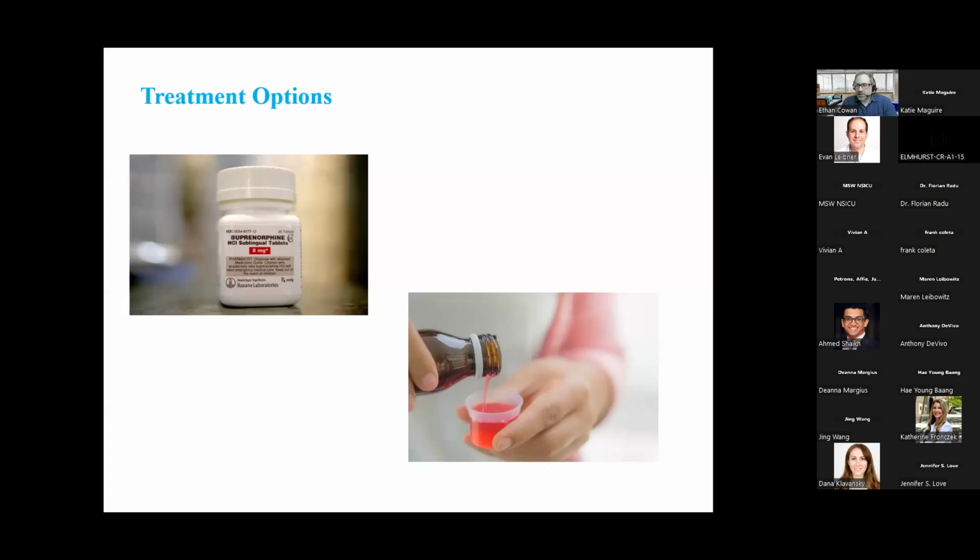The one thing that I did want to mention before I talked about these treatment options is harm reduction. Harm reduction is really a way for patients who are not ready to initiate treatment. Harm reduction is a philosophy about reducing the negative outcomes of drug use, so things like preventing opioid overdose death or preventing skin and soft tissue infections.